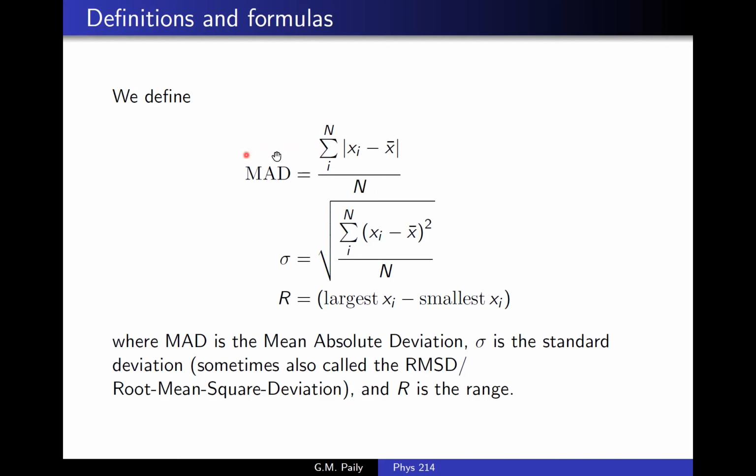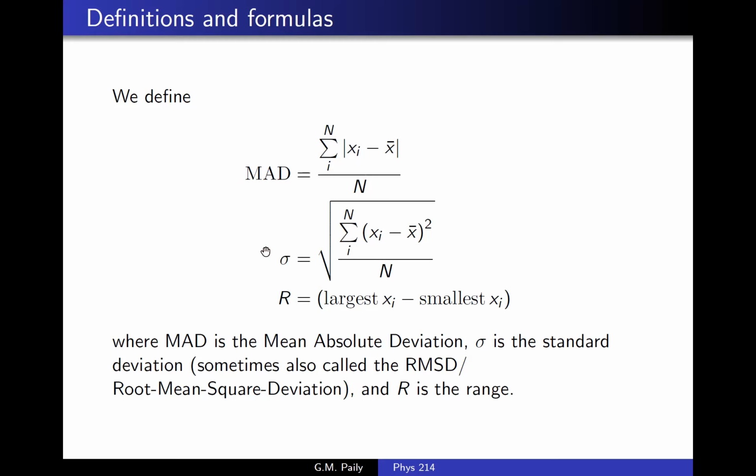So taking the mean absolute deviation. The deviation would just be xi minus x, but if you added up all the deviations, by definition, there are as many positive deviations as negative deviations. So if you just added up the deviations, you would get 0, which is why we first take the absolute value of the deviation and then add them all up and take the mean. So we get the mean absolute deviation.